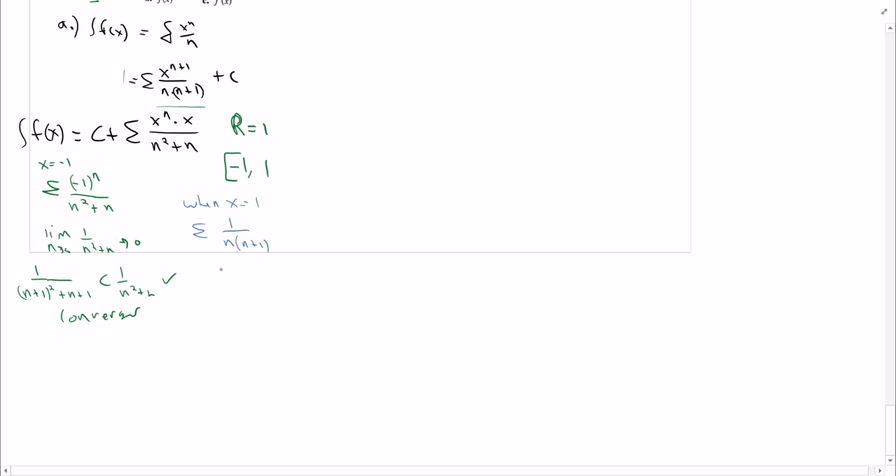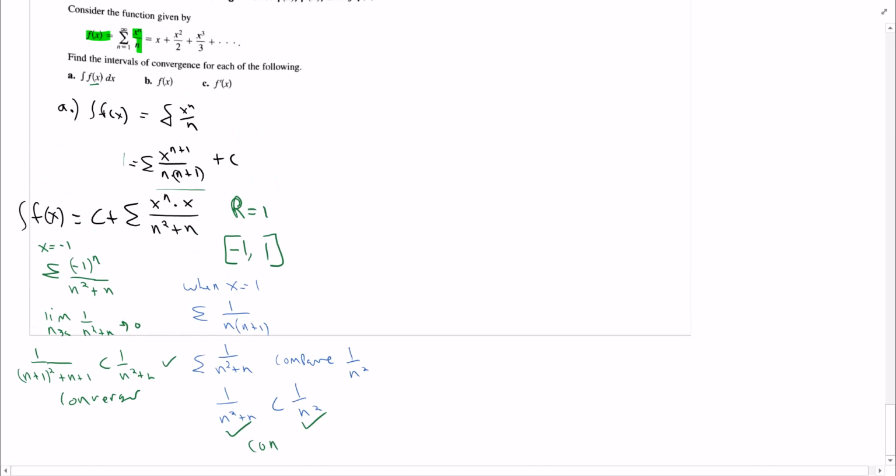It's similar to this, which we already wrote, but we could compare to a p-series and show that 1 over n squared plus n is always going to be less than 1 over n squared, and since this converges, so does this one, right? Because if the big one converges, the little one converges too, and so this converges, which means we can put a bracket on that one as well, right? Okay, let's go to the next one.